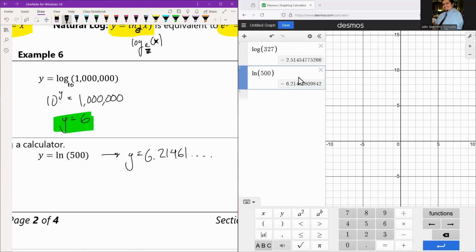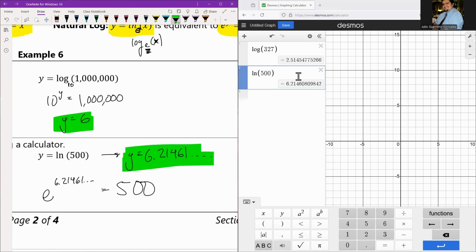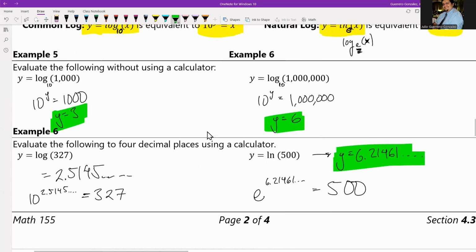So basically e to the 6.21461 and change is going to be equal to 500. I highlighted the wrong thing. There we go. I don't think I highlighted anything on my previous one, did I? Yep, I did not.